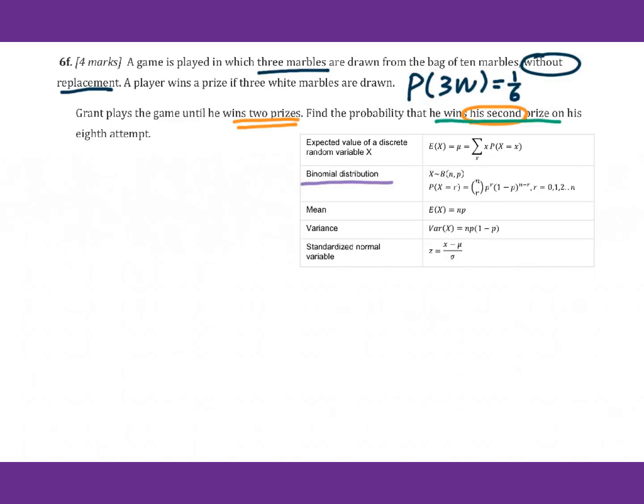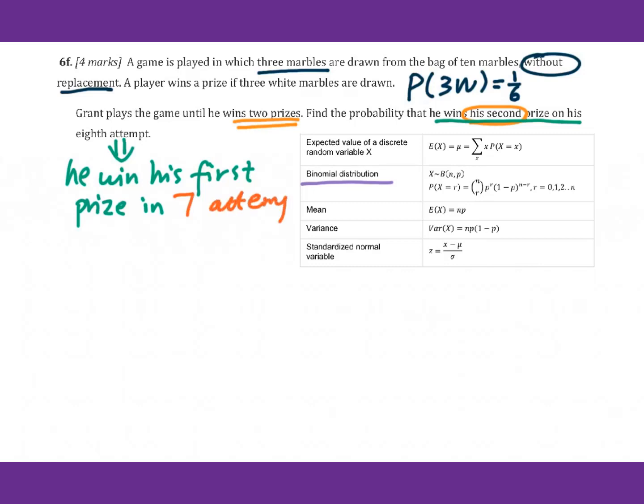He wins his second prize on his 8th attempt, which means he wins his first prize in 7 attempts. So according to this formula, binomial distribution, we know it's 7 choose 1 prize.